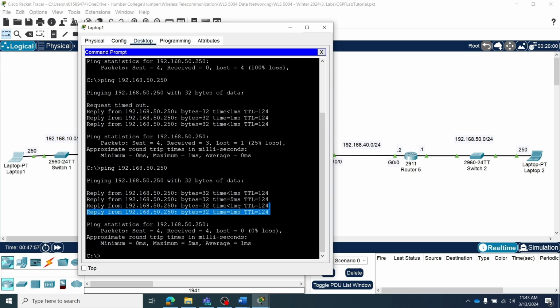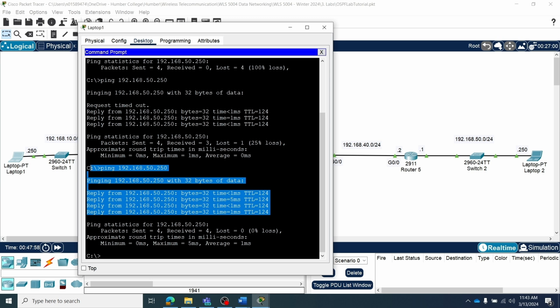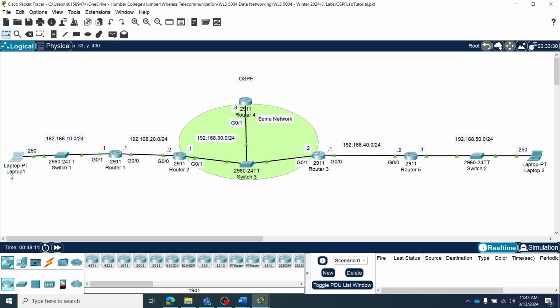So your network configuration is now established. So connectivity between laptop 1 and laptop 2 is established, and your OSPF configuration is done. So you can ping from any laptop connected in network 10 to any laptop connected to network 50 or any other network in this topology.